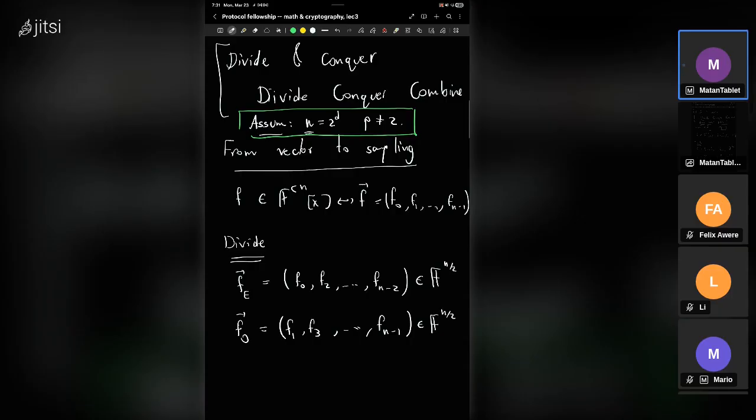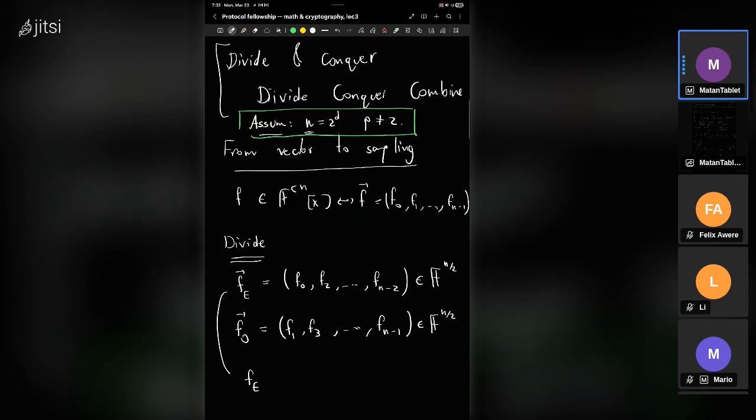And as a result, each of them corresponds to a polynomial. What is the polynomial that Fe corresponds to? That's a bit tricky because Fe as a polynomial has only n over 2 coefficients.